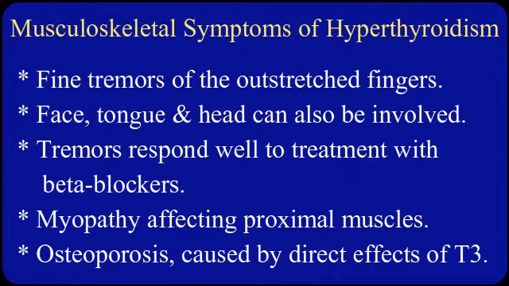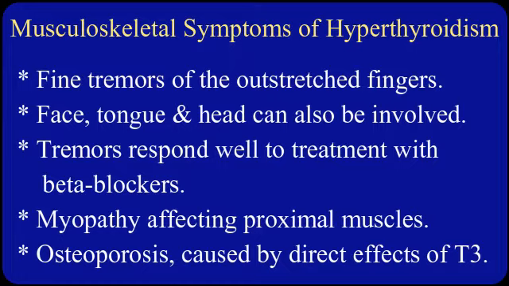The musculoskeletal symptoms of hyperthyroidism are fine tremors of the outstretched fingers; the face, tongue, and head can also be involved. Tremors respond well to treatment with beta blocker drugs, and myopathy affecting the proximal muscles is conspicuous.